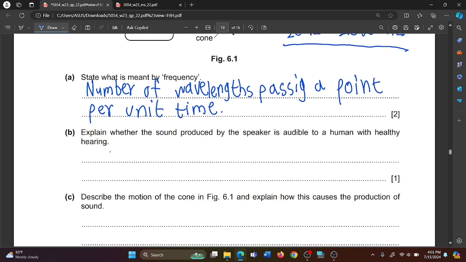Thus, we can say yes, the sound can be heard. It says explain, so we need to explain why.